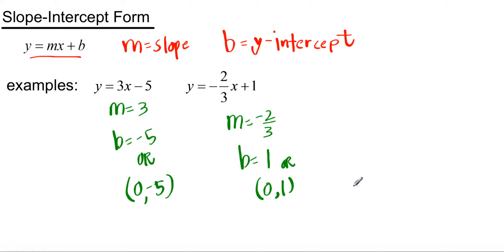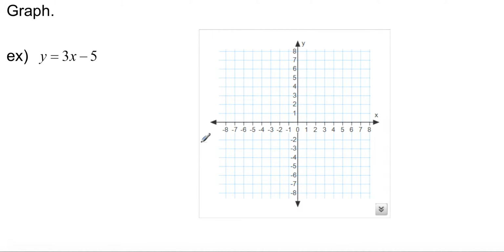This makes graphing very easy, and you can do it very quickly. So let's go ahead and take a look at a few graphs. We just looked at this example, y equals 3x minus 5. It's in slope-intercept form. I would identify the slope, which is 3, and we're going to put that over 1.